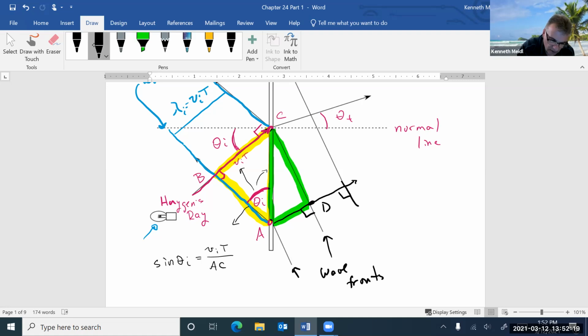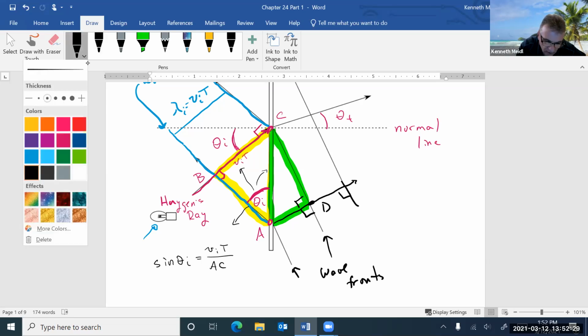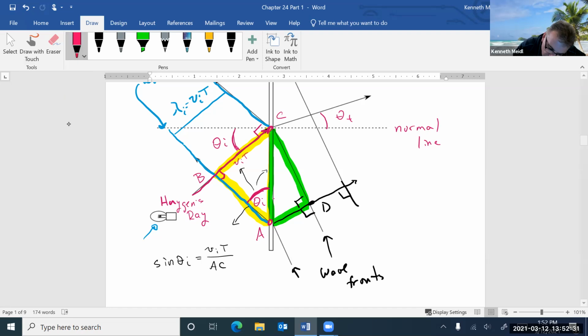When I look at that triangle, I have a right angle right here, and if you did some geometry, you can convince yourself pretty fast that this is the transmitted angle, the same as that one there. If you don't believe it, start adding up some triangles and looking at supplements and complementary angles, and you'll pick that up pretty fast.